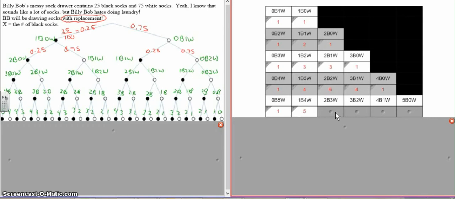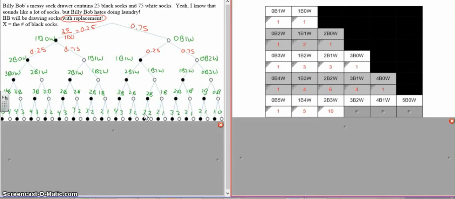Can you think of what number goes here? 2 black socks: 1, 2, 3, 4, 5, 6, 7, 8, 9, 10 branches. Now how many branches do you think there will be for 3 black socks? Let's see if you're right.